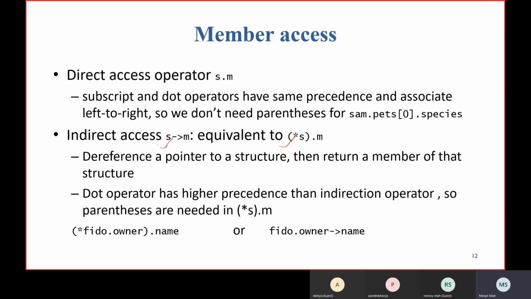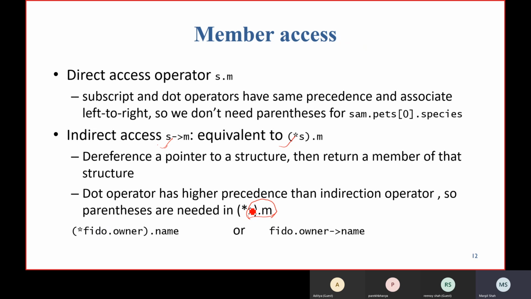Dereference a pointer to structure, then return a member of that structure. The dot operator has a higher precedence than the indirect operator, so parentheses are needed in (*s).m. Otherwise what happens, s.m will be evaluated first, and whatever data we get, it may try to fetch the value using the star operator, right?